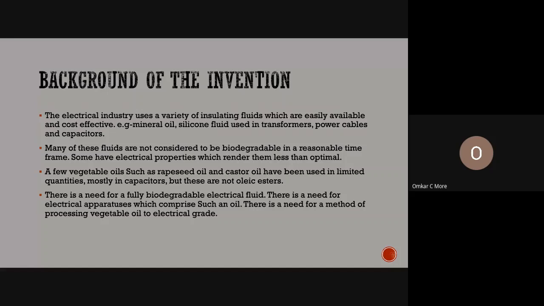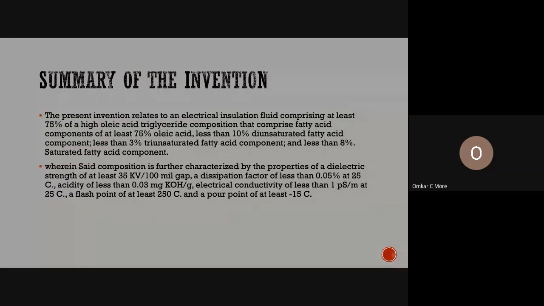So let us jump into the summary of the invention. The summary comprises the basic elements, a gist of what the invention is actually about. We cannot present the complete invention here because it has some points that are above our capacity level. These are the basic things I told you in the first slide.